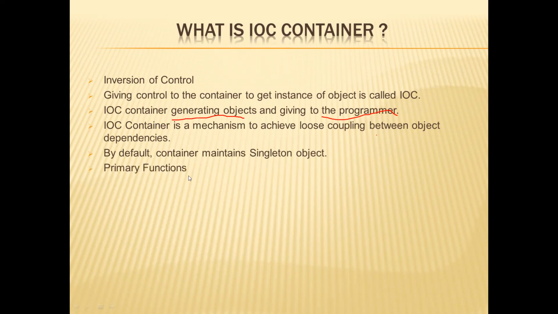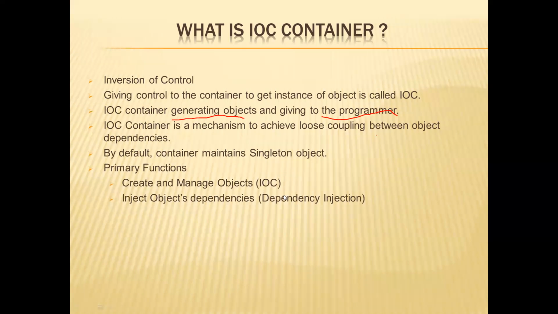The main primary functions of our IOC container are creating and managing the objects and injecting object dependencies using the concept of dependency injection. IOC is responsible for creating and managing the objects, and if you want to inject dependencies, we use dependency injection.